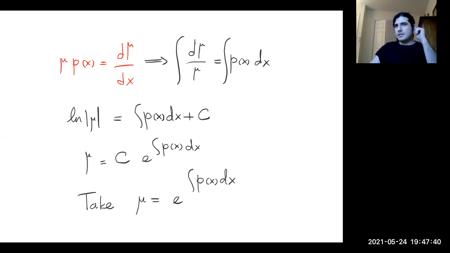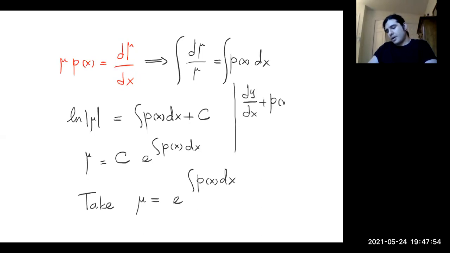So this is not restricted to this specific example here. For any equation of the form dy dx plus some function of x times y plus another function of x equals 0, we can use the same method. That's the way to find this integrating factor.